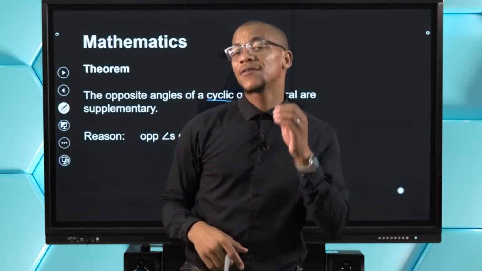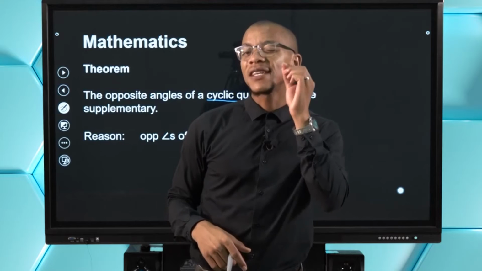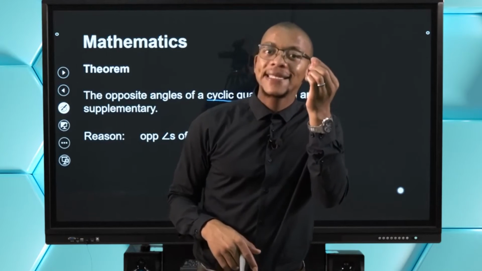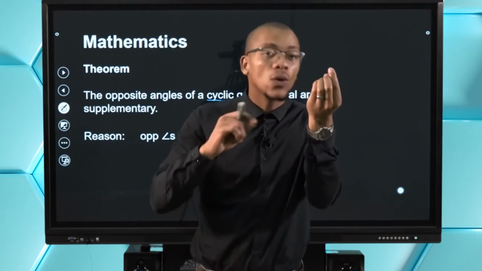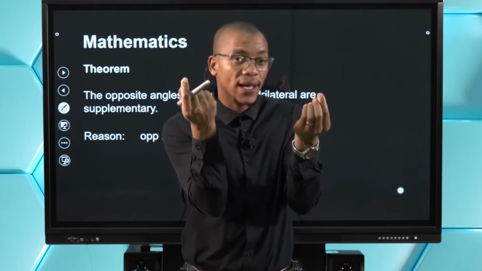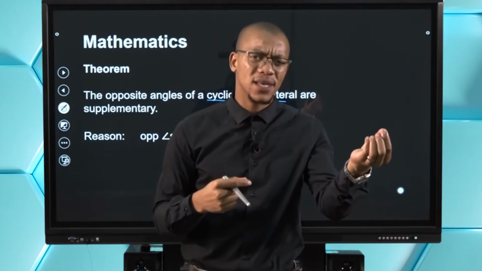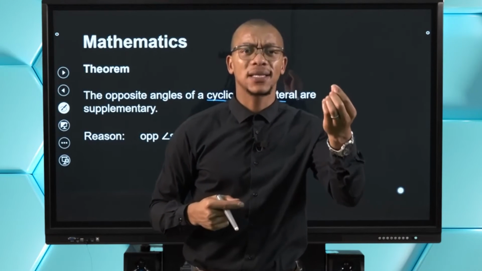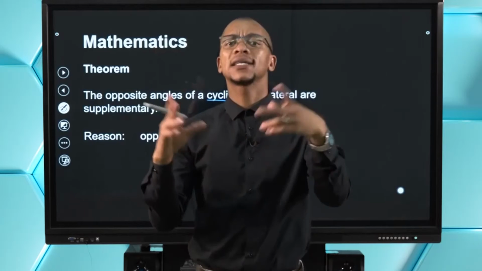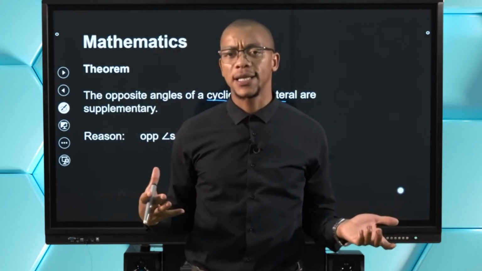So the fact that I say the definition is this does not mean it always has to be just that. To define something does not necessarily mean that if it is not inside a circle, then it's not a cyclic quadrilateral.